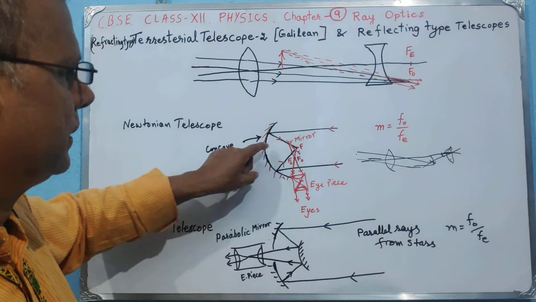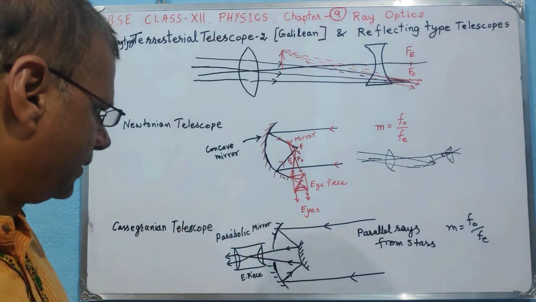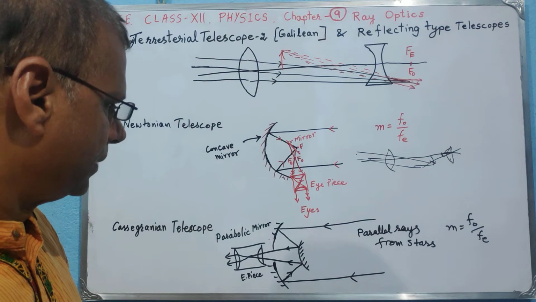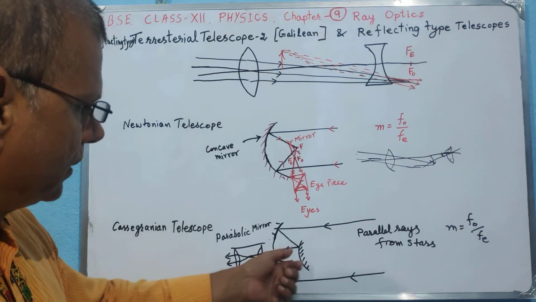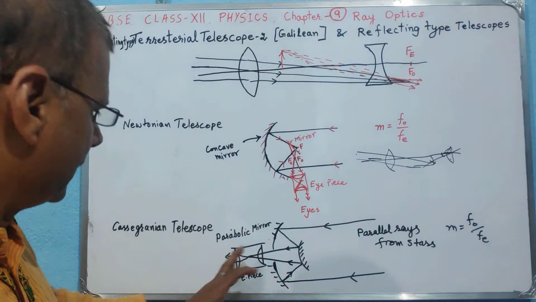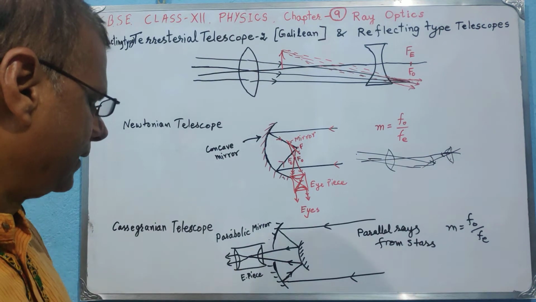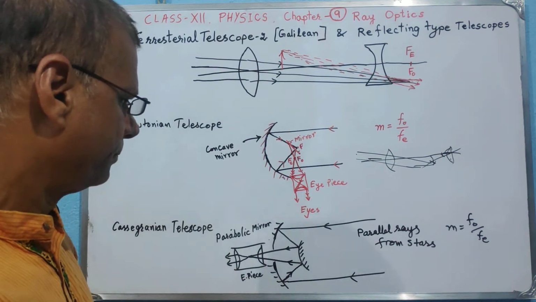This obstruction was reduced to a great extent, because Cassegrain used a parabolic mirror and placed a cut in the center of the mirror.